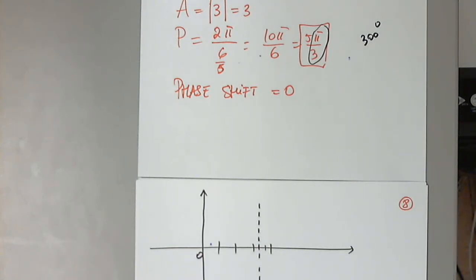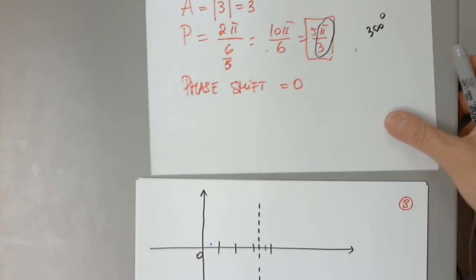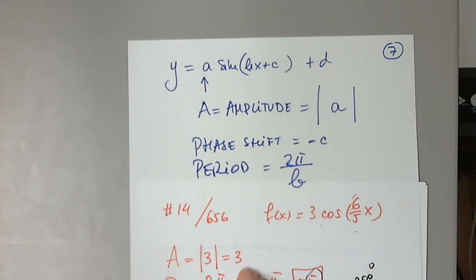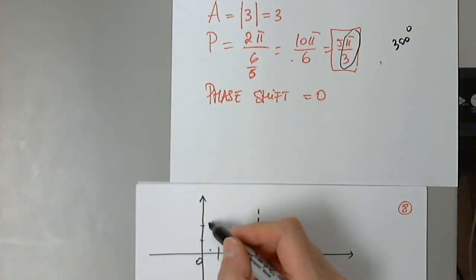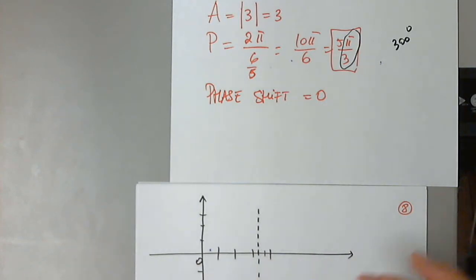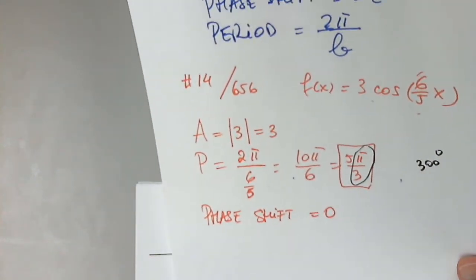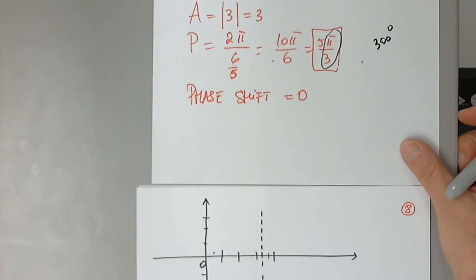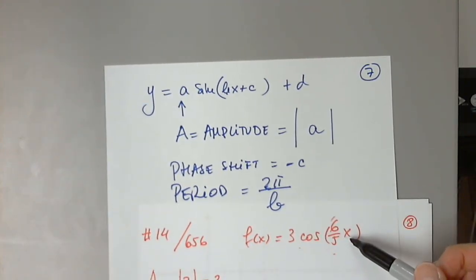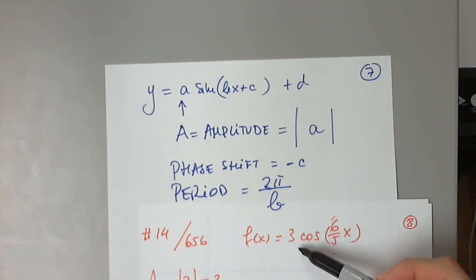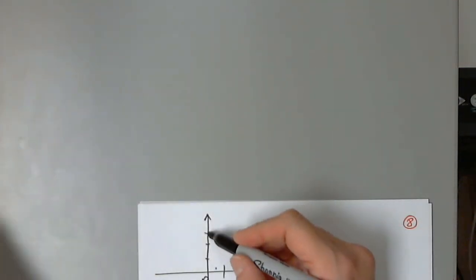They're asking us to state the minimum and the maximum values. So what would be the maximum value for this function? 3. Perfect. What will be the minimum value for this function? Perfect. Where does it start? When x is 0, cosine is? Very good, awesome.